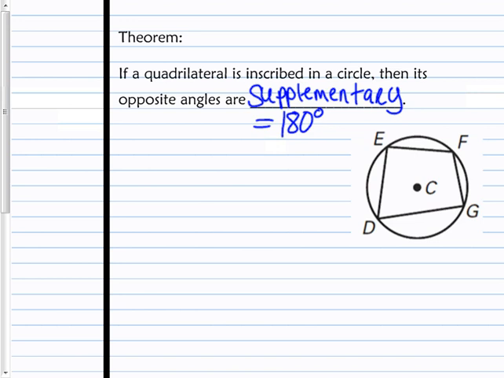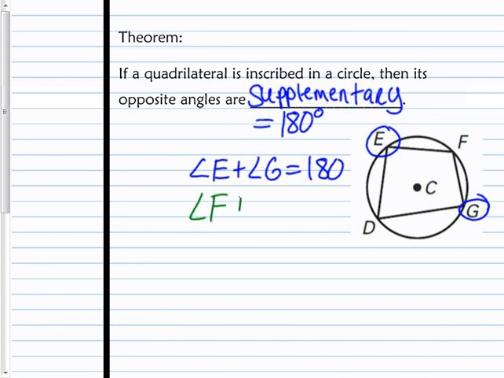For example, here angle E plus angle G would be 180 degrees because they are opposite. Angle E and angle G are opposite each other. Then angle F and angle D would also add up to 180. It'd also be supplementary. This is a quadrilateral, so all four angles together have to equal 360 degrees.